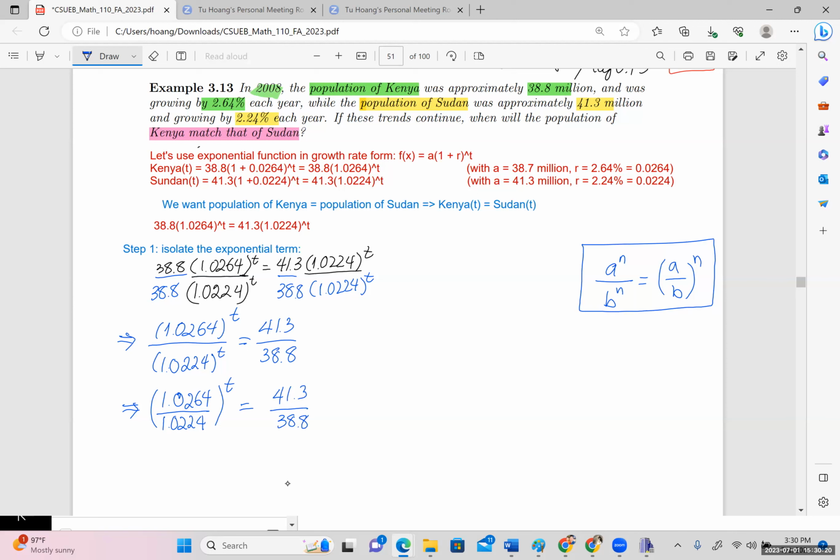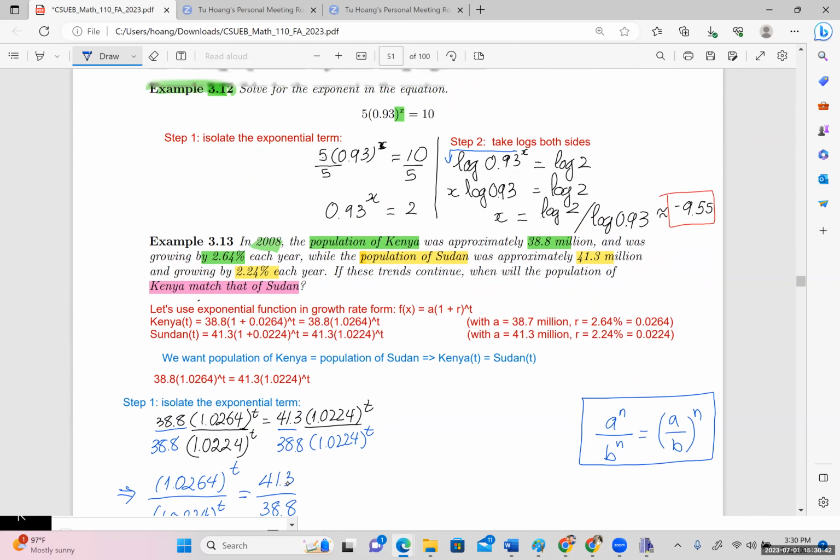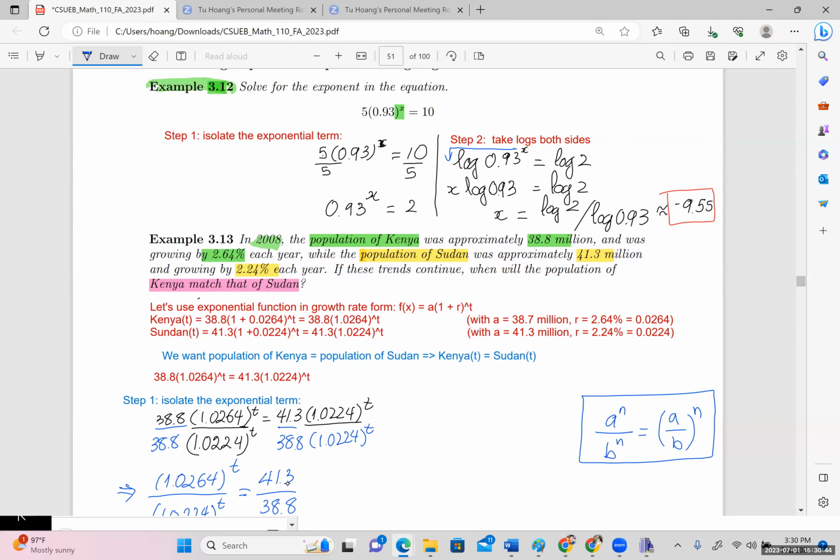And at this point, you have only one exponential term on the left, and it has been isolated. Okay. Now we're going to move to the next step.